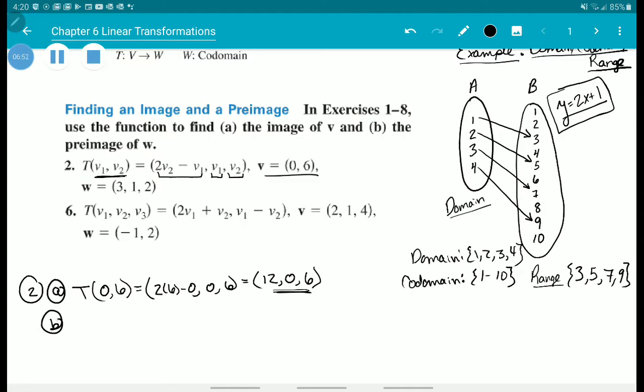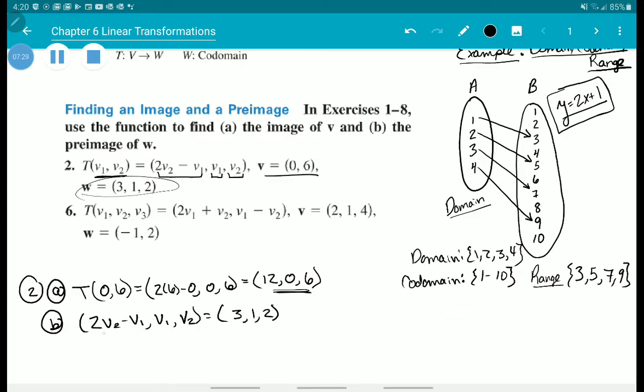Now B is asking us for a pre-image. Pre means before. So what did this vector look like before? That's what we're asking now. When we substitute in v1 and v2, 2v2 minus v1, v1 and v2, we end up getting 3, 1, and 2.